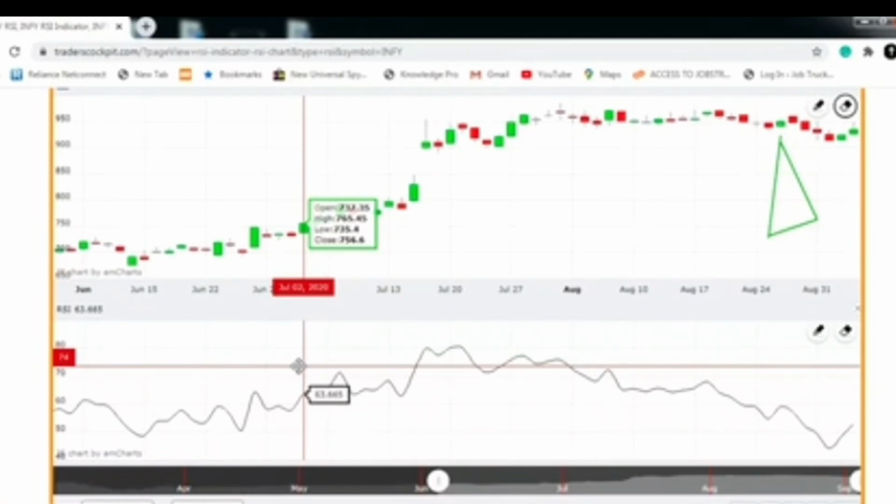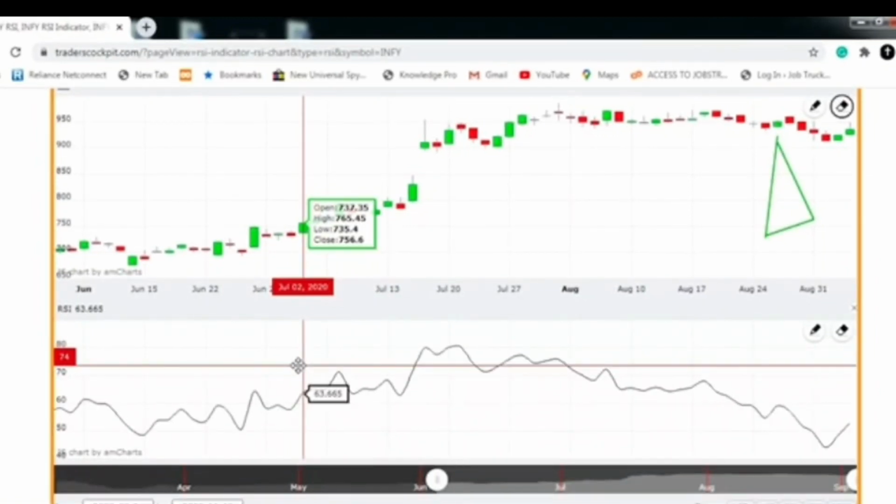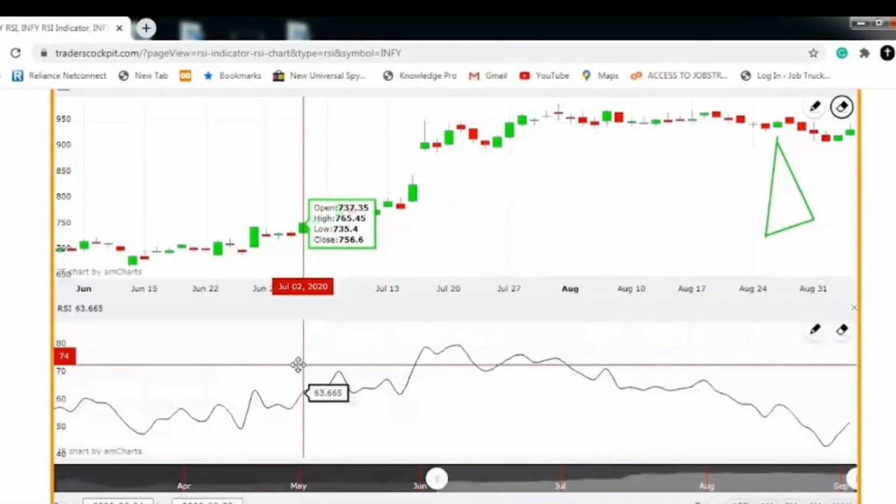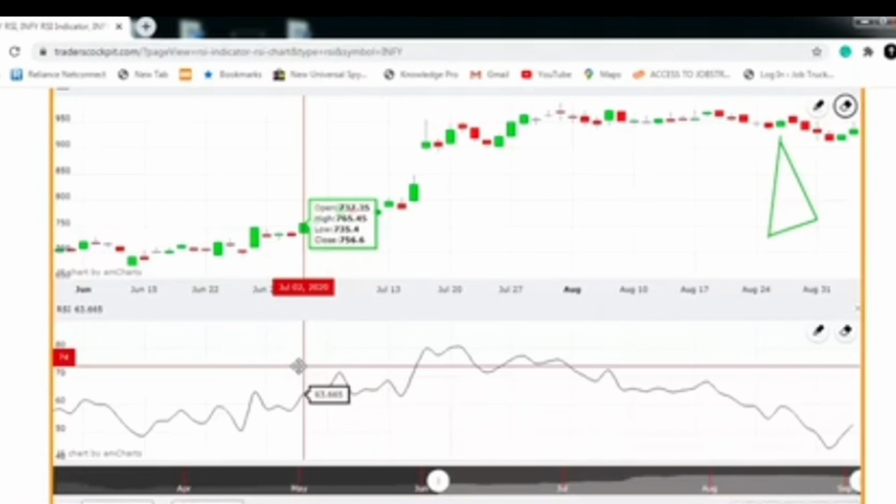So you think that people will start selling, but the actual fact is not like that. An overbought stock can continue to be an overbought stock. Sometimes the RSI can vary in the 80 to 90 range also, and the stock price will keep on increasing because that much interest is there.